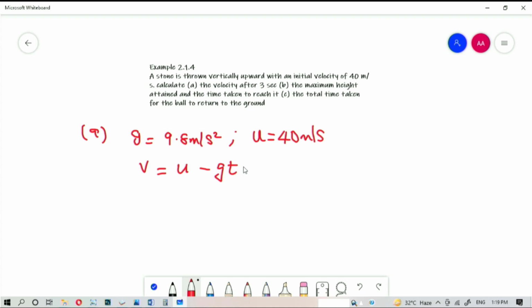Of course, the stone is thrown vertically upward. Then by substitution, we have 40 minus 9.8 times our time, t equal to 3 seconds, that is already given.